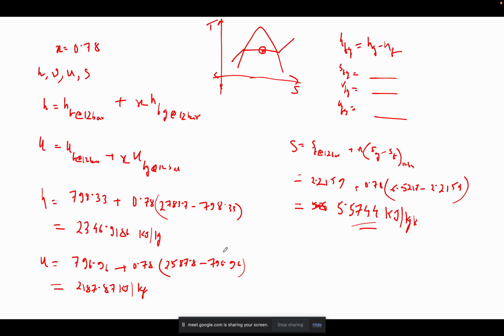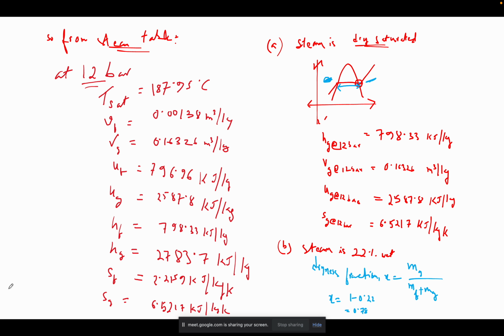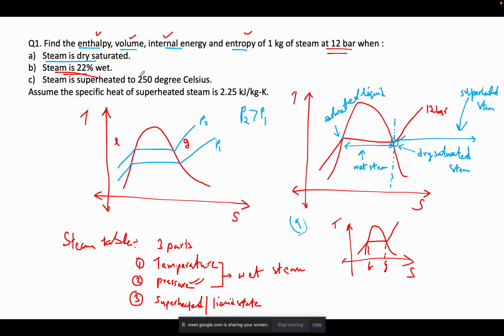Now the next part is that the steam is superheated to 250 degrees Celsius. Assume the specific heat of the superheated steam is 2.25 kilojoule per kg Kelvin. This one we can do two ways. First of all I will teach you how you can calculate if the specific heat of the superheated steam is not given, just by using the steam table.